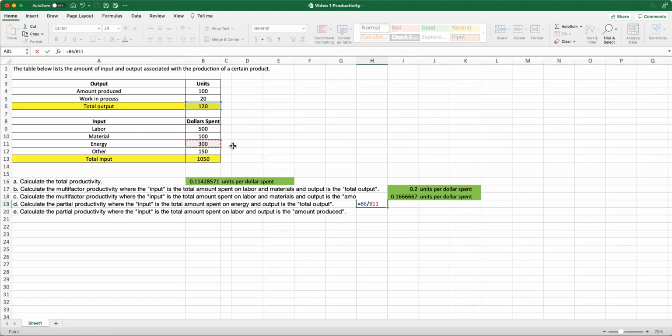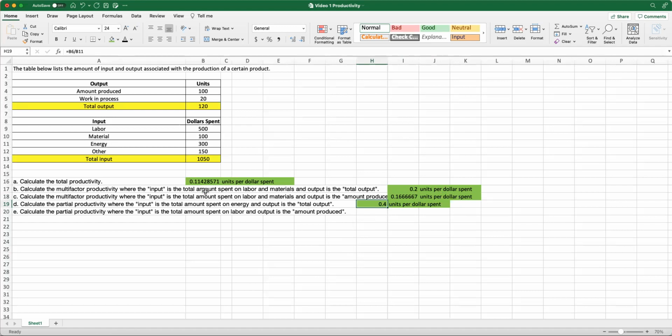So this will give us the partial productivity in which the input is the amount spent on energy and the output is the total output. And therefore, we have 0.4 units per dollar spent. So we are producing 0.4 units of this product for each dollar we spend on energy. Okay, so that is how we would read it.